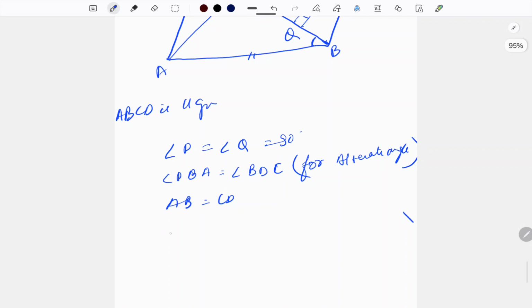Therefore, we can write this as AAS, angle side angle. By AAS triangle APB is congruent to triangle CQD.